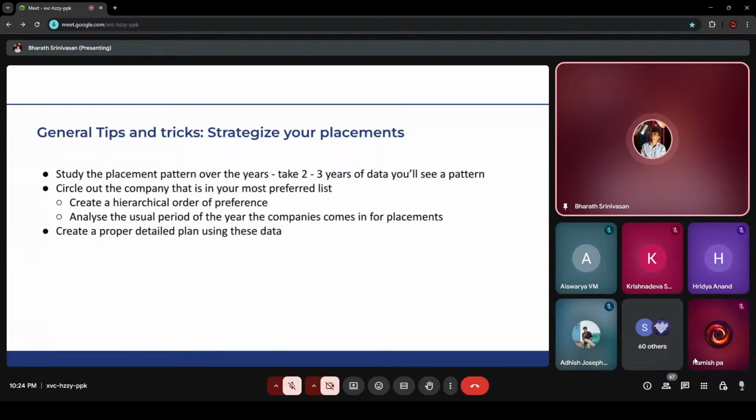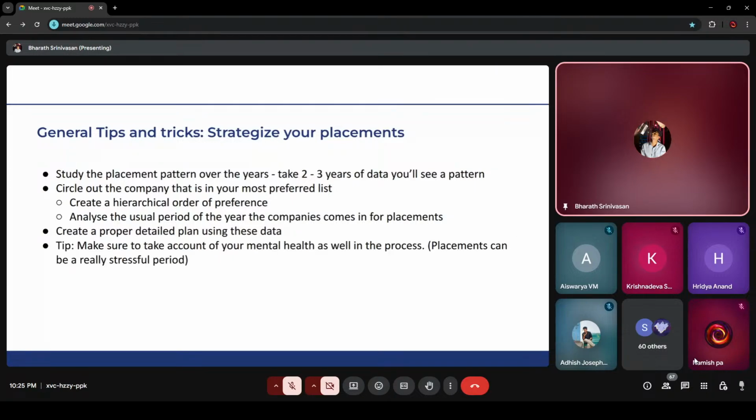Plan C was, if neither of these panned out, I was planning on going to certain institutes in Bangalore that prepare you for the LSI industry. I'll get to that later. So that is the final plan. These were the multiple plans that I devised during my placement. You shouldn't follow this strictly, but always have multiple plans when it comes to placements.